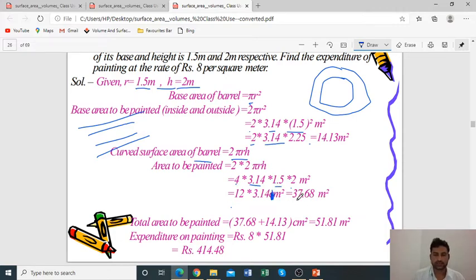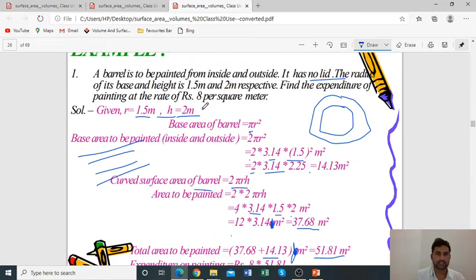So 37.68 square meters. So the total area to be painted is 37.68 plus 14.13 square meters. So the total area to be painted is 51.81 square meters. So for the expenditure, already you know it is 8 rupees per square meter.